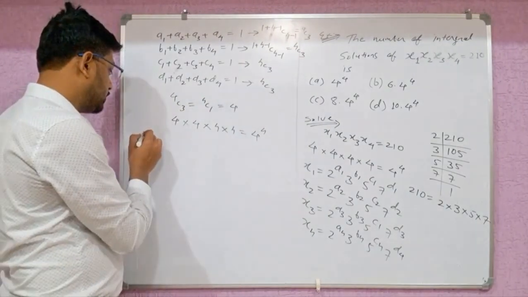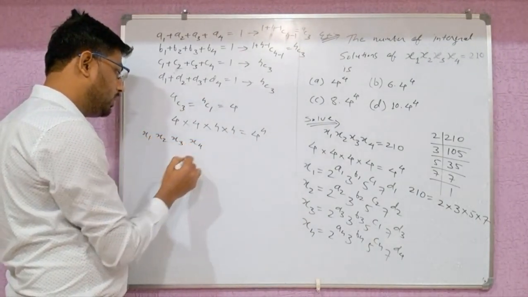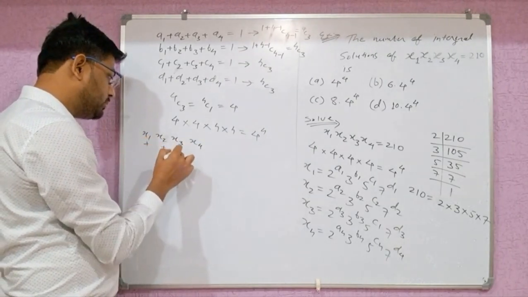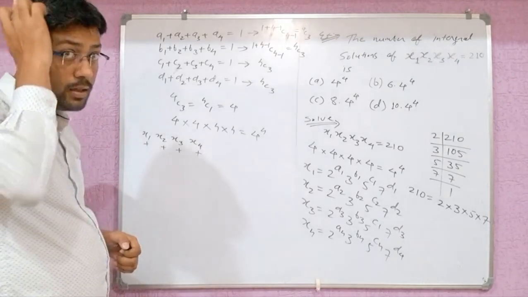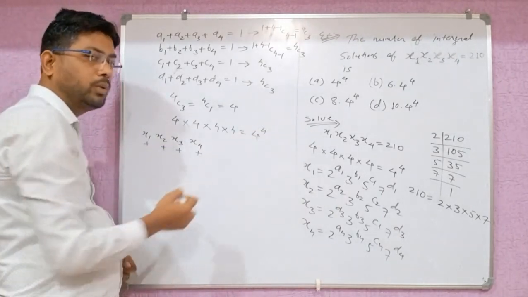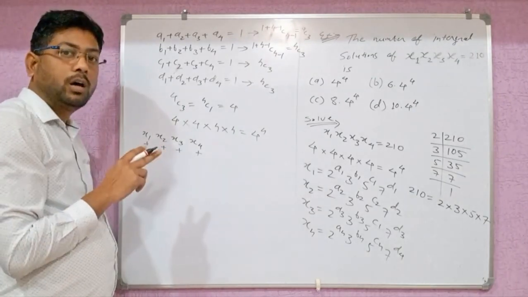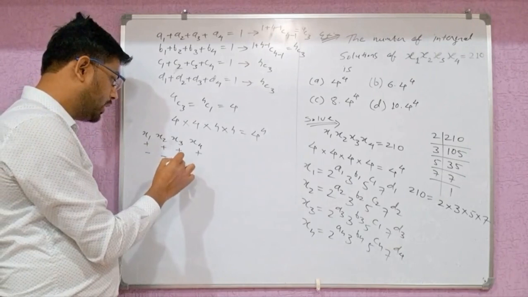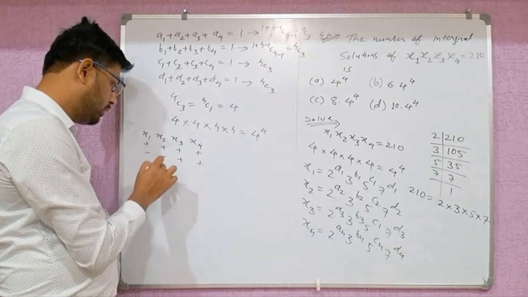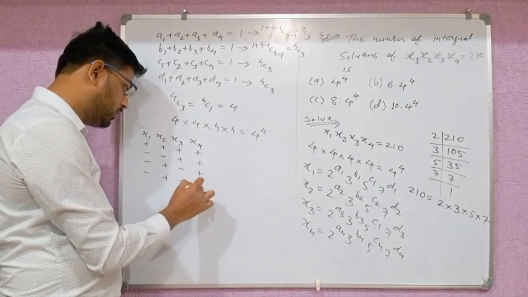So x1, x2, x3, x4. If all these 4 are positive, then we will get a positive number, that is 210. Or any 2 will be negative. So first 2 I am taking negative, then first and third negative, then first and fourth negative.